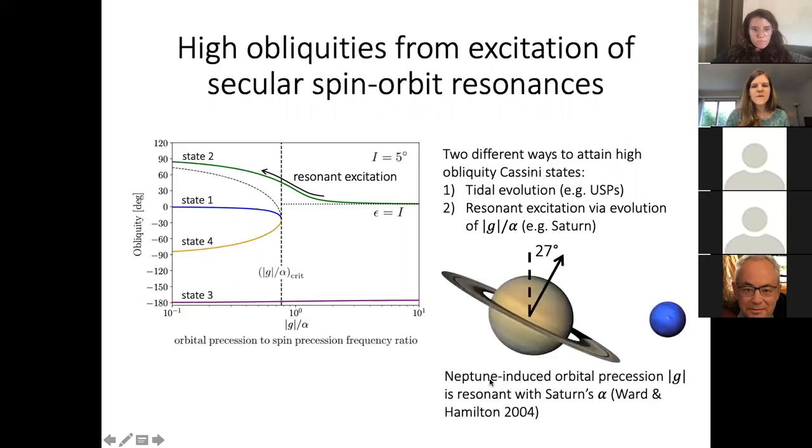Interestingly, it is thought to have generated Saturn's 27-degree obliquity, due to the component of orbital precession from Neptune becoming resonant with Saturn's spin axis precession frequency. Just to reiterate, if the planet begins with this G over alpha frequency ratio out here, and this frequency ratio evolves, then the planet can get excited to large obliquities.